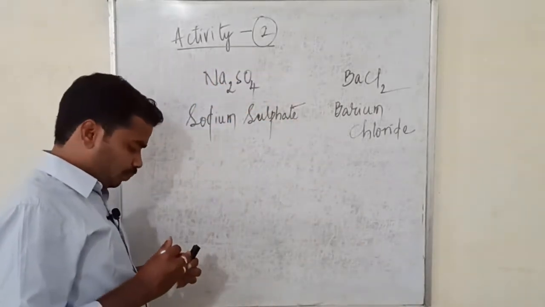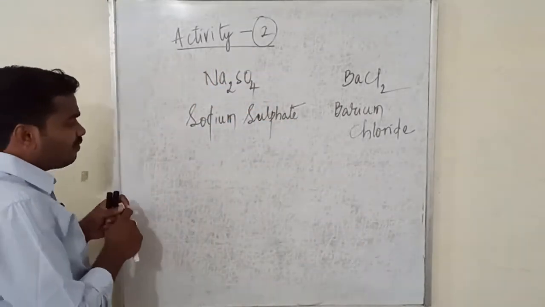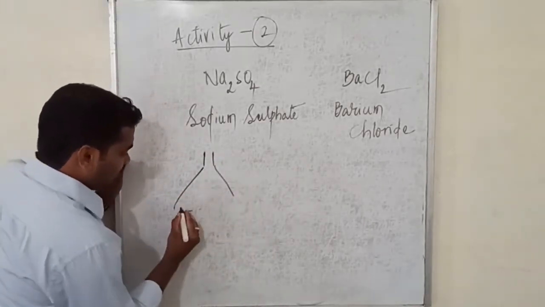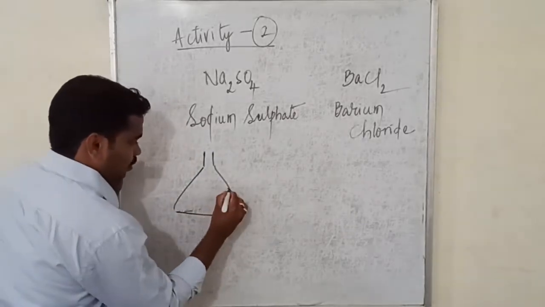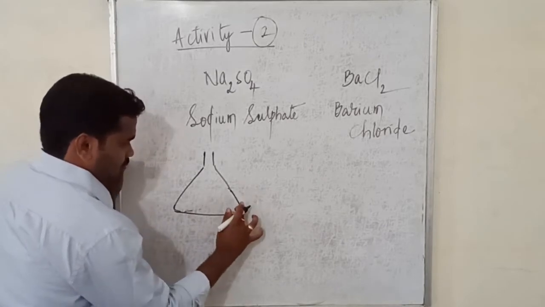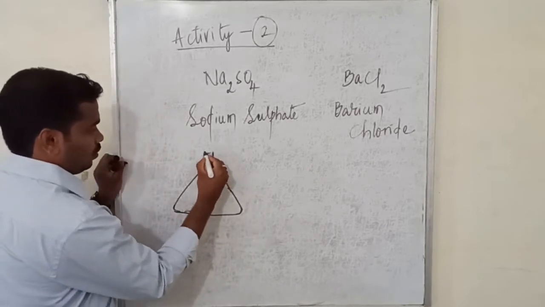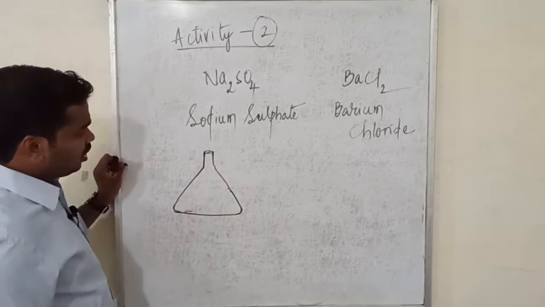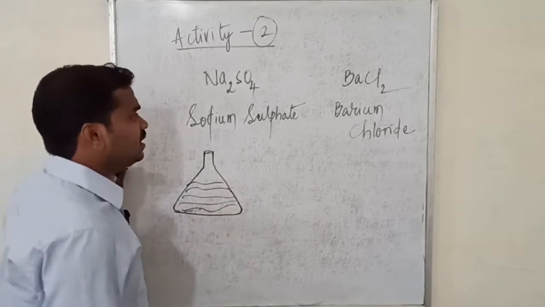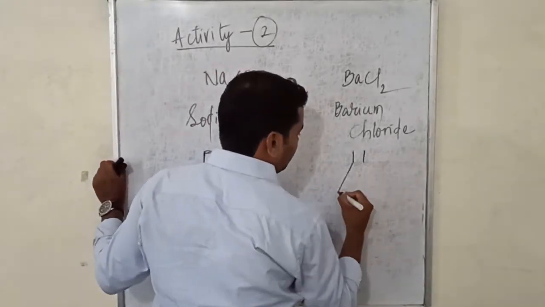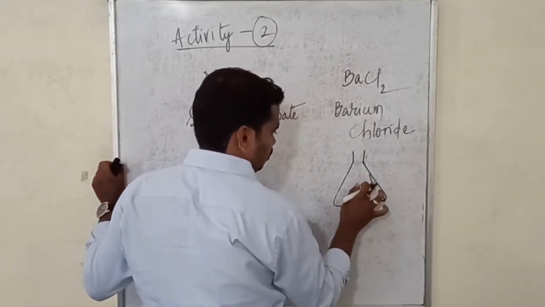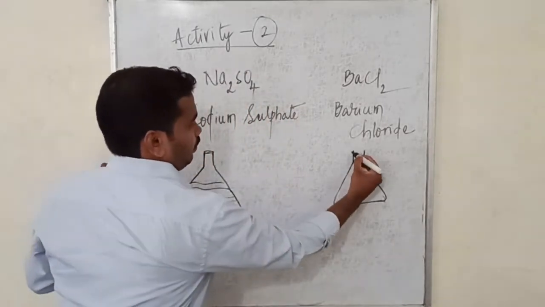So what we'll do, we have to take a conical flask like this. In this conical flask, try to take 100 ml of water. In the same way, here also you consider 100 ml of water.